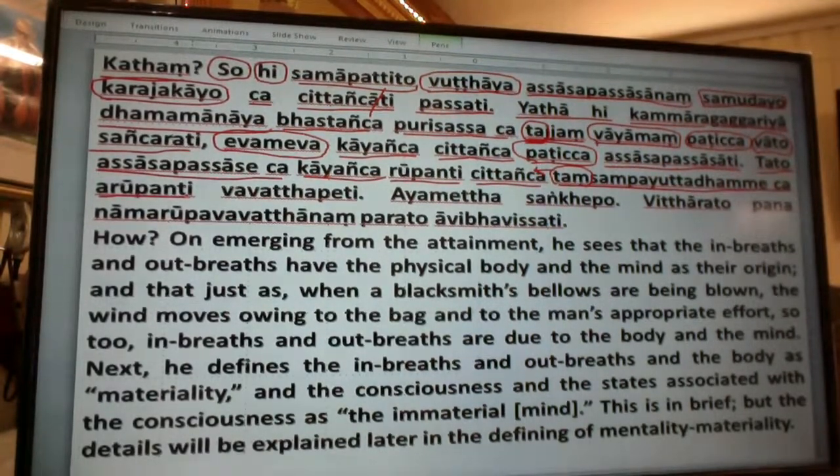So arupa is of two kinds. Arupa means nama, mentality. It is of two kinds: mind and mental factors. Mind and mental factors are mentality, arupa or nama.